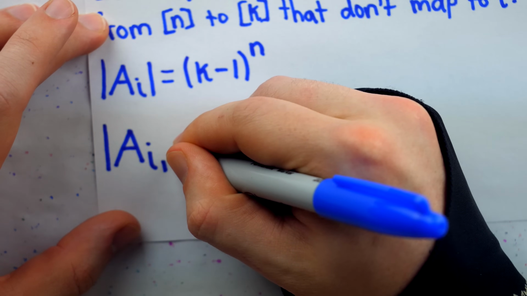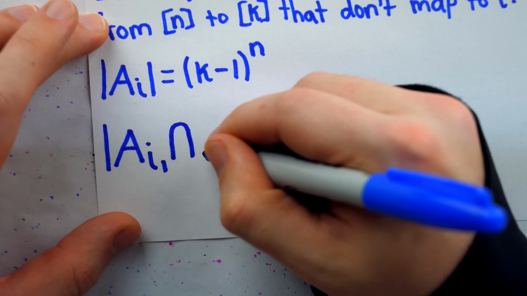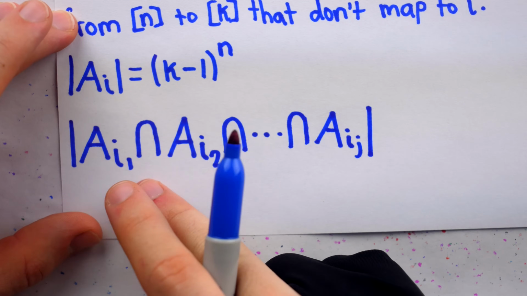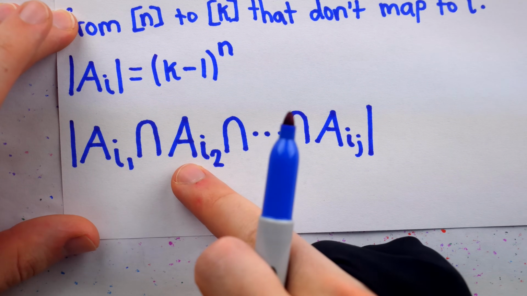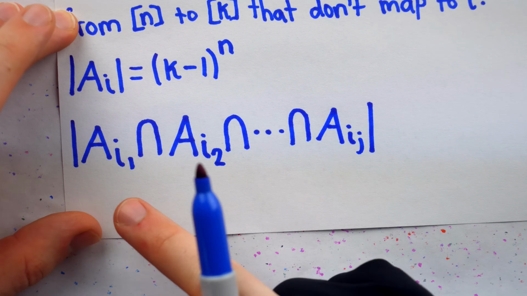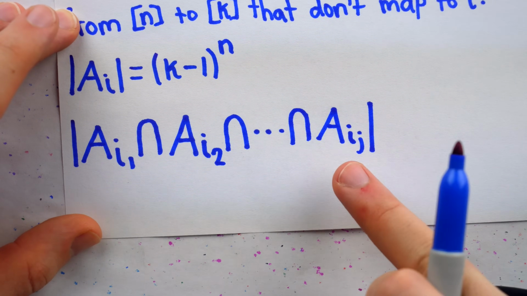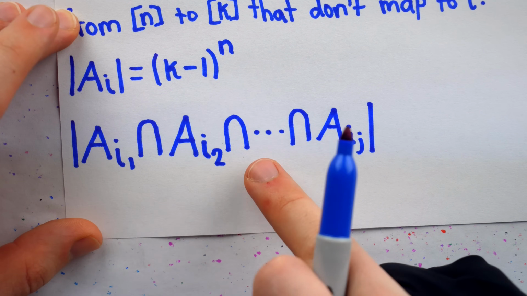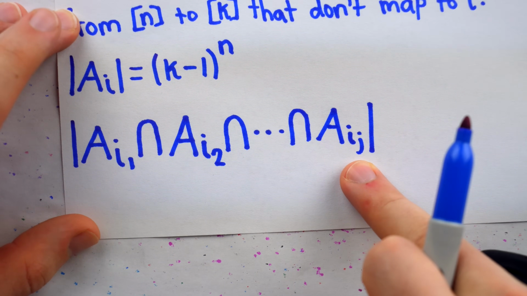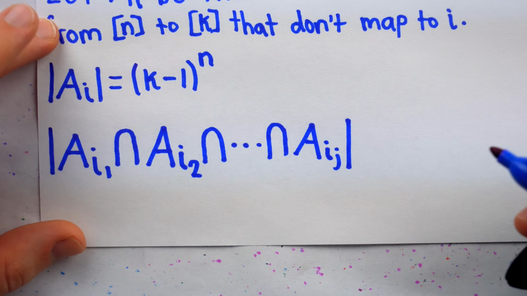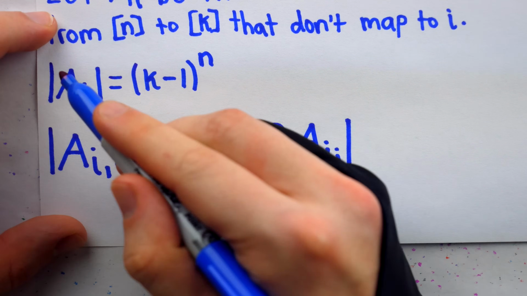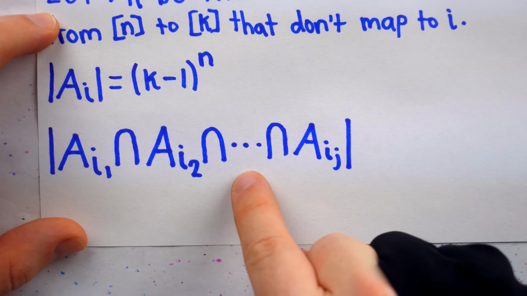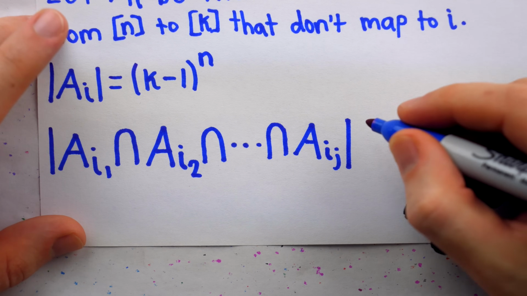And we can go a step further and specify the number of functions that are in a j-fold intersection of these sets. Suppose we take a handful of them, A_{i1}, A_{i2}, all the way up through some A_{ij}, and intersect them. This would contain all functions that don't map to i1, and they don't map to i2, and so on, and they don't map to ij. How many functions are there in such an intersection? Well, it's just like the logic from before, except instead of one excluded element, there are 1, 2, up through j total excluded elements.